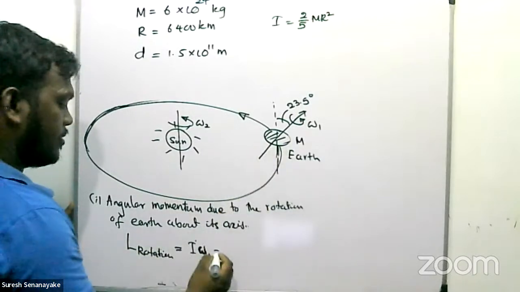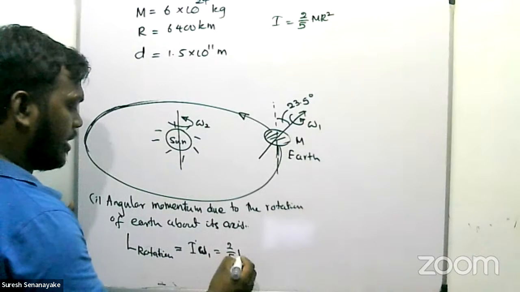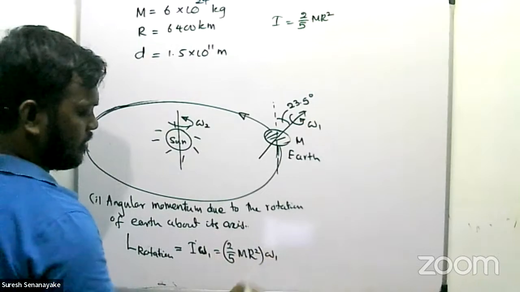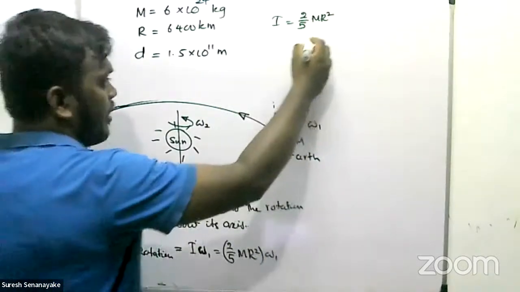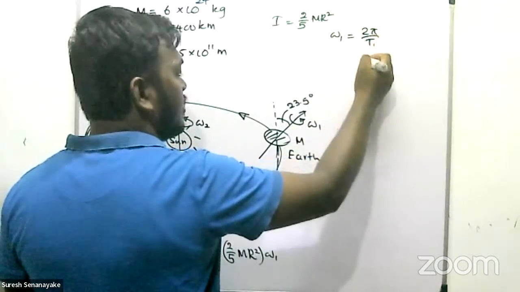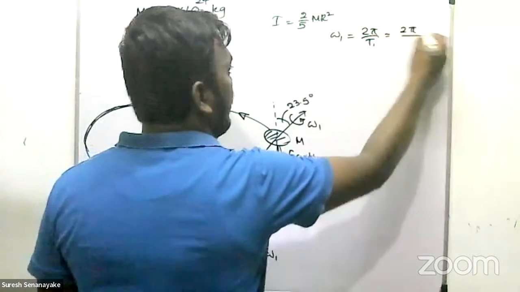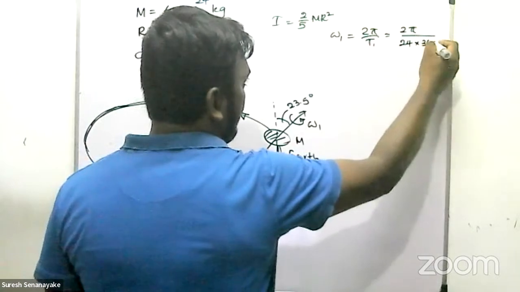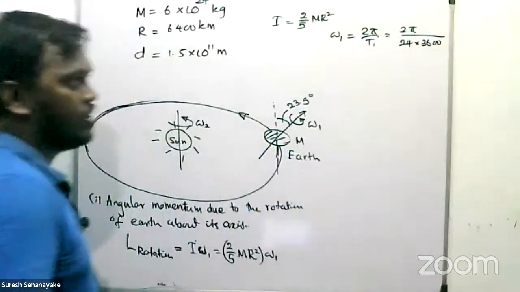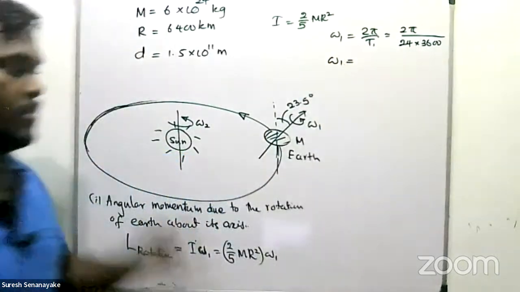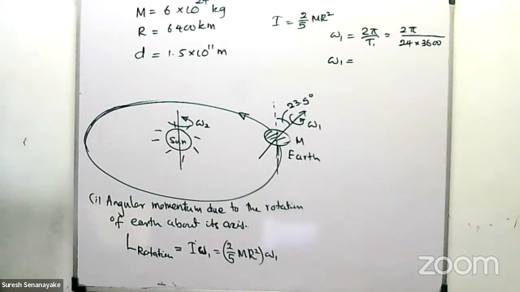Omega 1 is 2π over the time period T1, that is 2π over 24 hours. 24 multiplied by 3600 converts it to seconds. Simplify this and you can calculate omega 1.